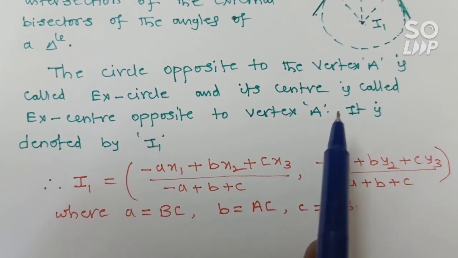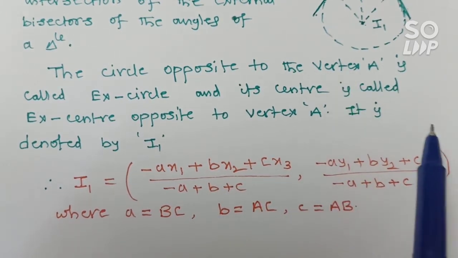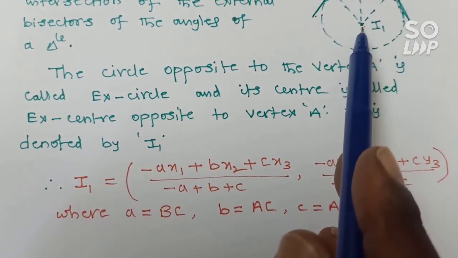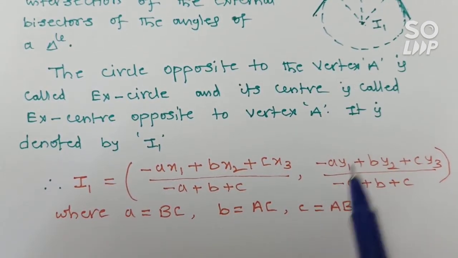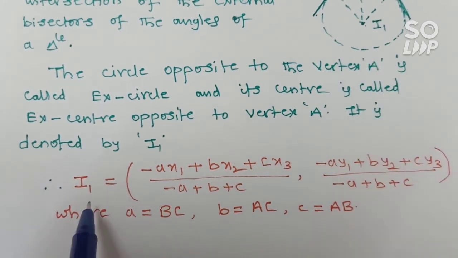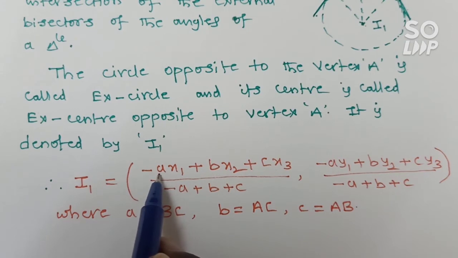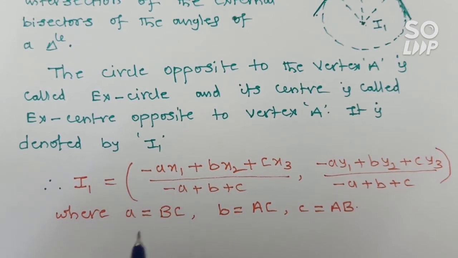Here, how many vertices are there? Three vertices are there. One excenter is opposite to the vertex A. When the excenter is opposite to vertex A, small a will have the negative sign.